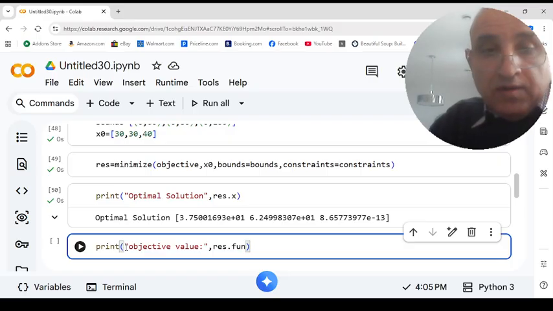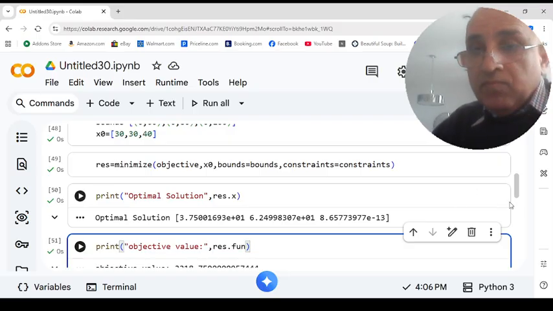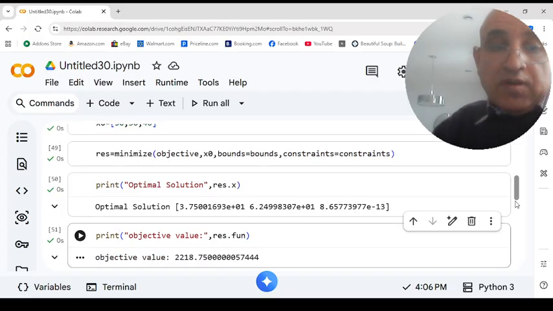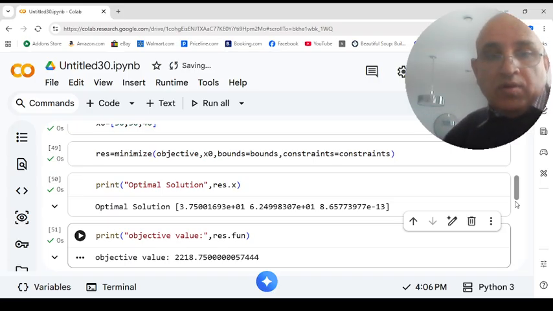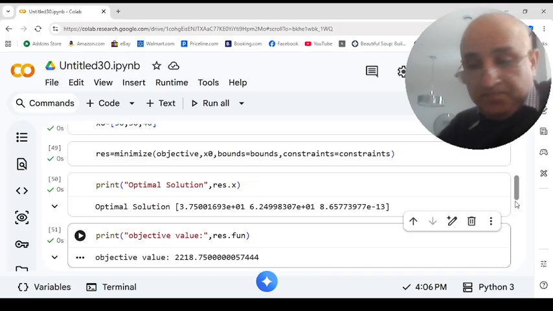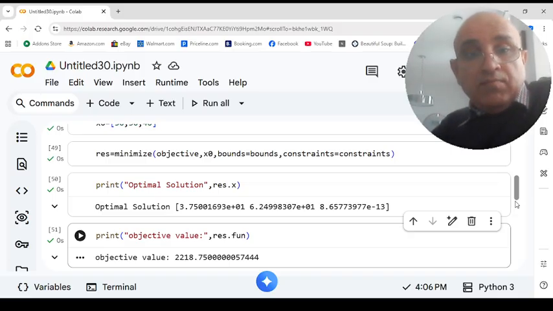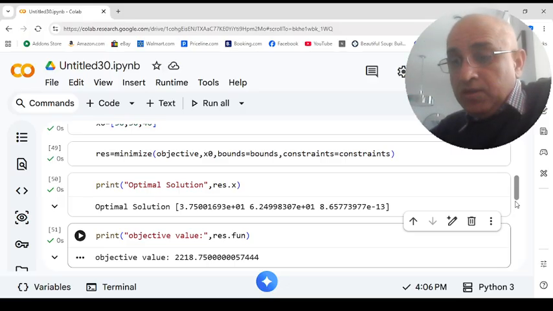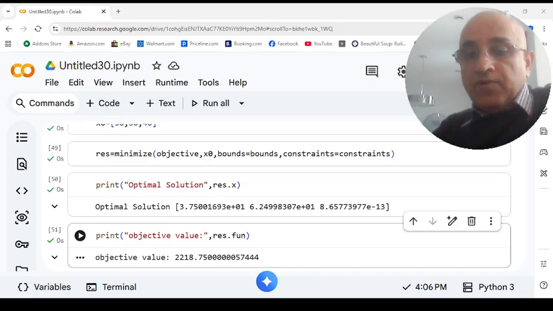So the objective value for cost plus risk would be 2218, suppose dollars, right? Okay, so that was the optimal solution of the non-linear optimization technique. And I think that's enough for today.